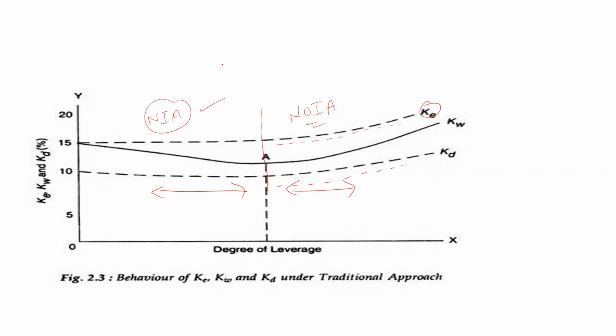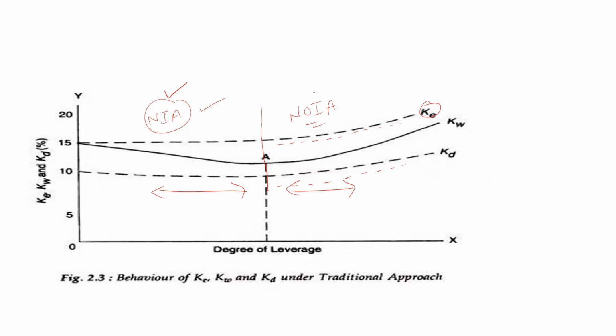So we have studied three approaches right now. First, we have studied the net income approach, which tells you that employment of more and more debenture funds can generate more and more revenue, and it can increase the value of a firm.